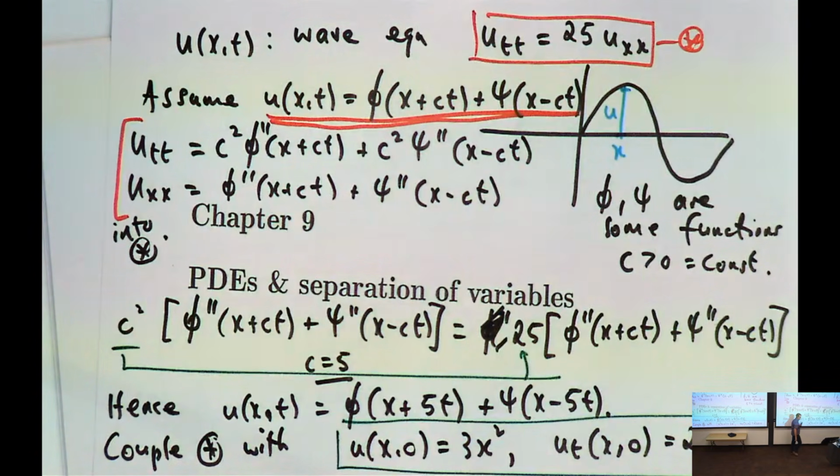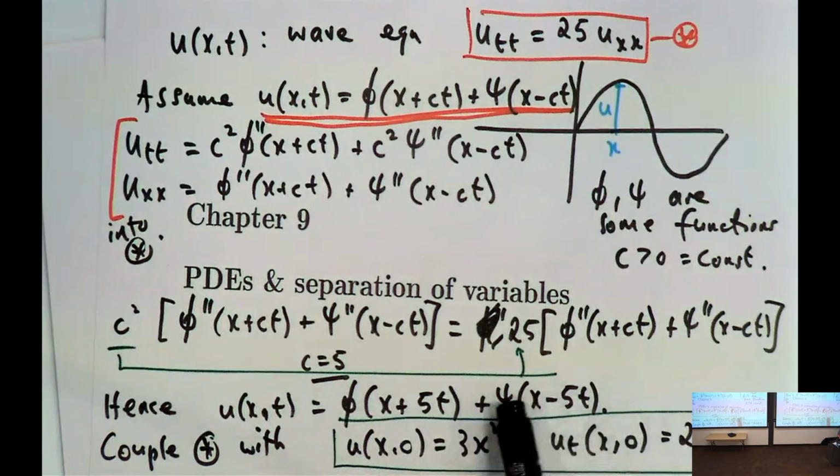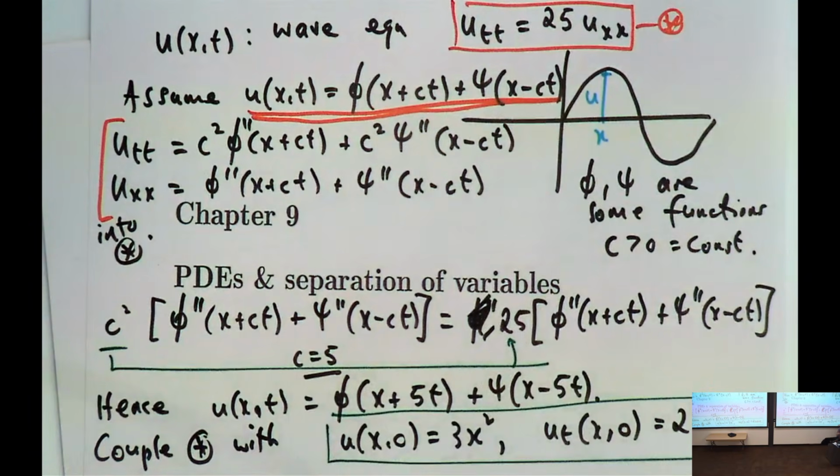Just like in first year when you have a few initial conditions, you get the coefficients, if you like. Here you can calculate the functions. So how do you do that? Let's go up here and plug in t equals 0, differentiate, plug in t equals 0 and see what happens.